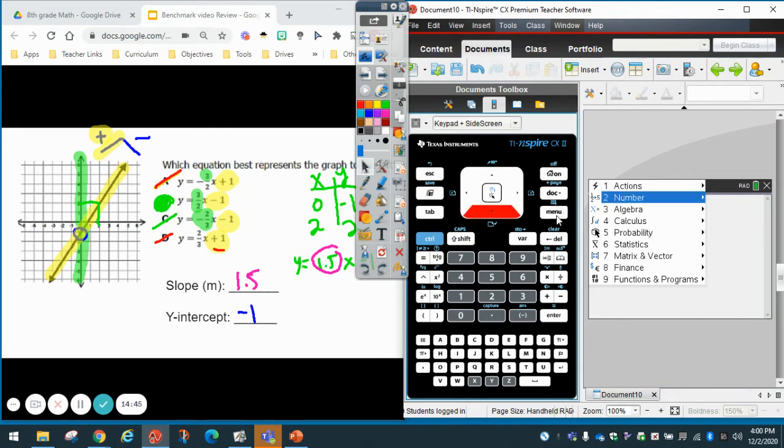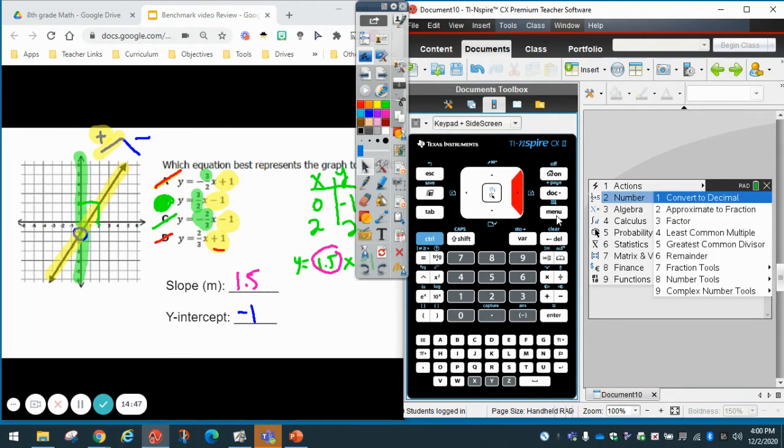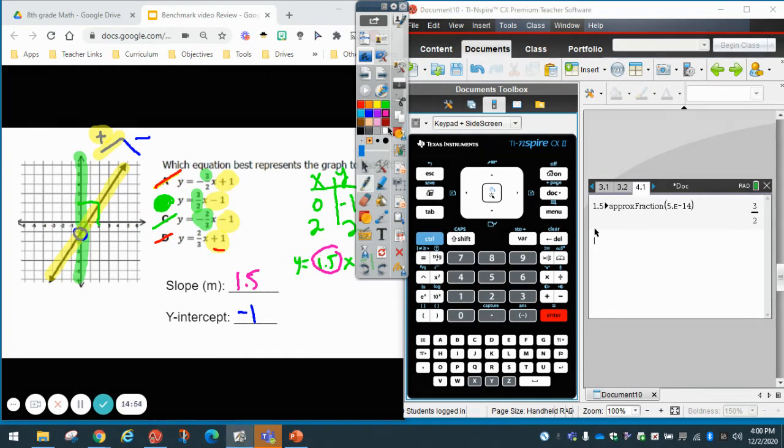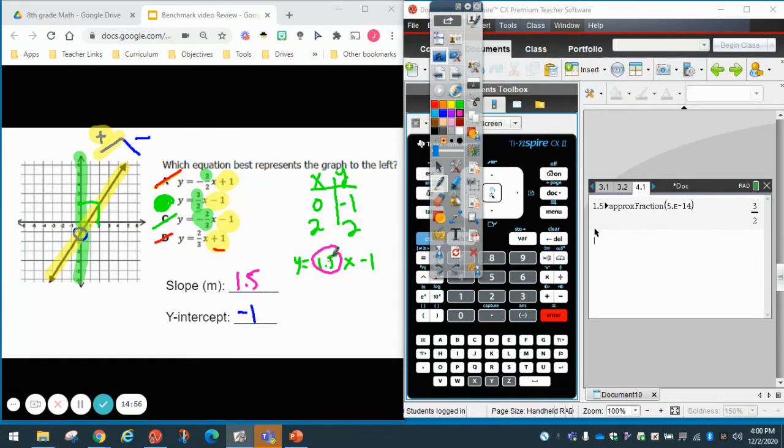Go to menu, go to number, and go to approximate to fraction. Click enter, and you can see that 1.5 is the same thing as 3/2. So y equals 3/2 x minus 1. And you can see that these two equations match.